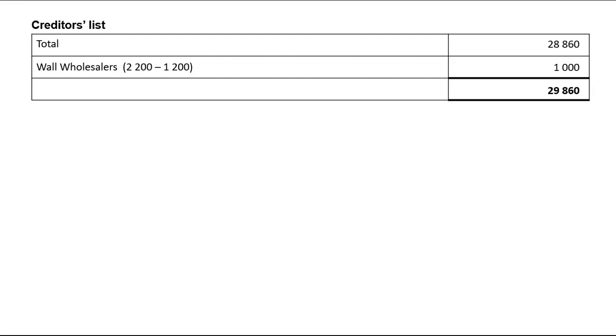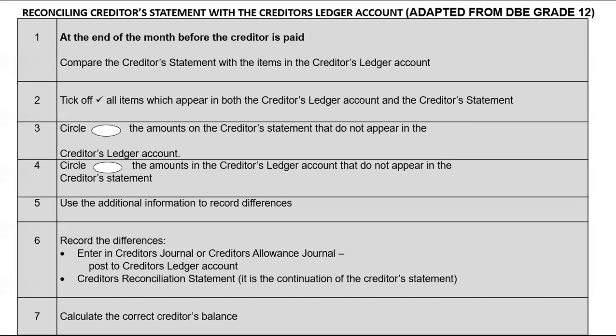All right. Now, when we reconcile the creditor's statement with the creditor's ledger, these are the steps we need to follow. Step number 1, at the end of the month, before the creditor is paid, we need to compare the creditor's statement with the items in the creditor's ledger account. Then we tick off all items which appear in both the creditor's ledger account and the creditor's statement.